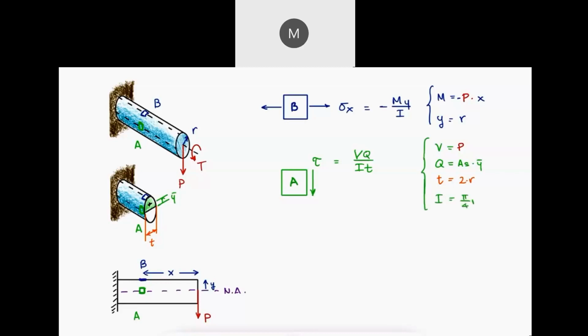The second moment of area I would be that of the whole circle, not just the semicircle, and it applies both to the shearing stress of A and the normal bending stress of B.